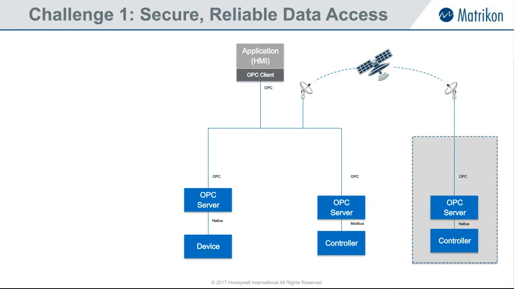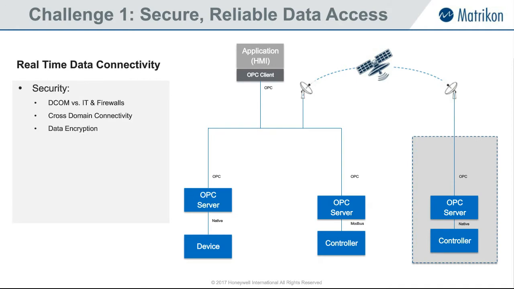For real-time data connectivity, number one, security is essential. If you're using OPC, there are two generations of OPC out there right now. I'm referring to what we now call classic OPC, from its inception going forward.